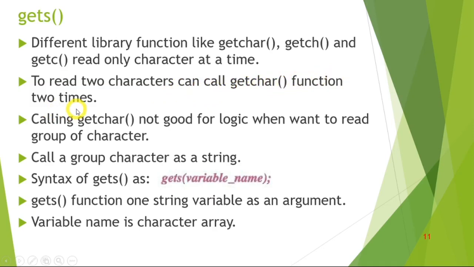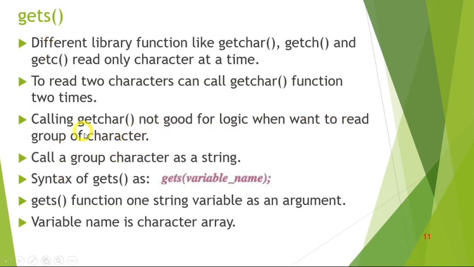If you want to give a second character as an option, you have to run the program again. Very simple. In that previous program, if we say no, then you have to run the program again. So what happened? Calling getchar is not good logic when you want to read a group of characters.